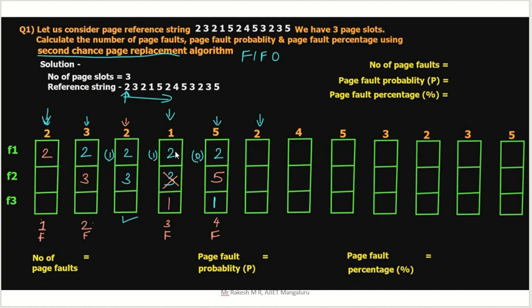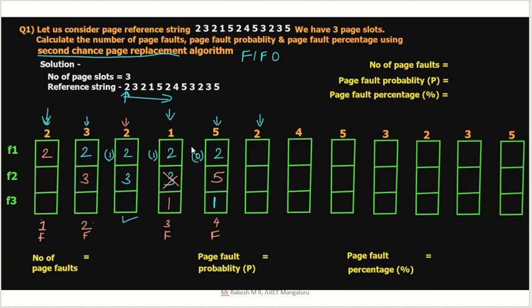What is the second thing? If we give a second chance to 2, which one do we replace next? According to the FIFO algorithm, 3. So replace 3 with 5. Write here 2, 5, 1, but the last chance is given to 2.